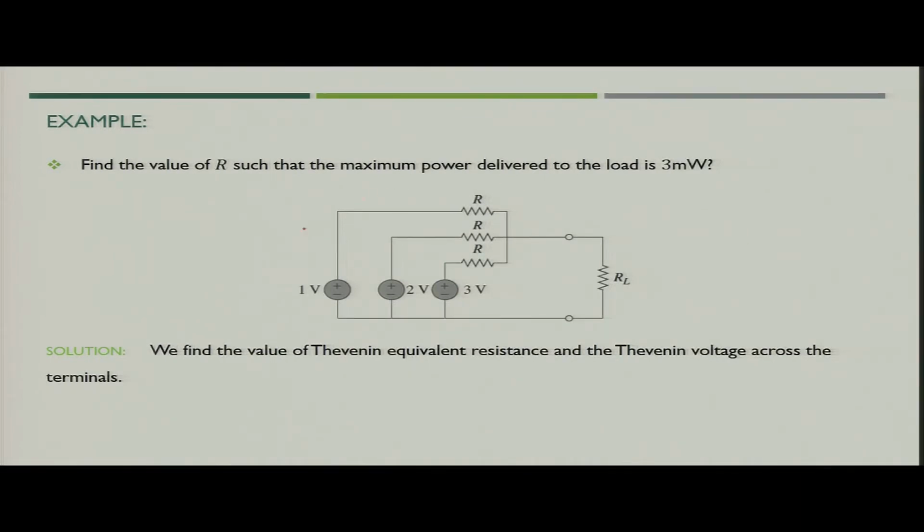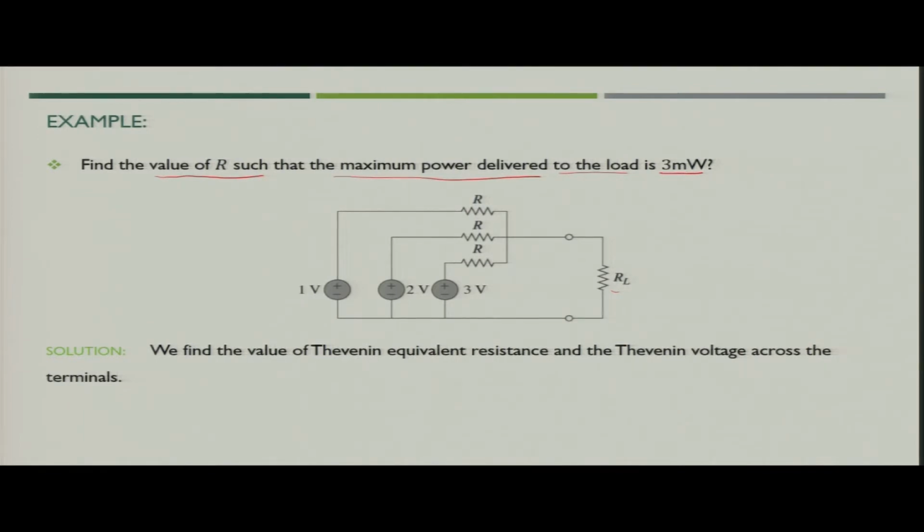Suppose this is the circuit and you have to find the value of R such that the maximum power being delivered to the load is 3 milliwatt. So, now we are not asking for the load RL, we are asking for finding the value of the unknown resistance R, so that the maximum power being delivered to the load is 3 milliwatt.